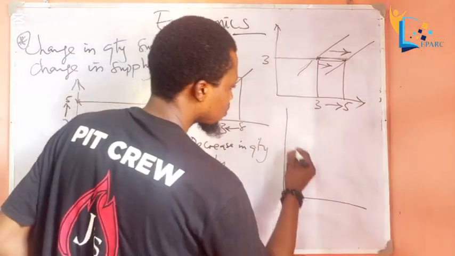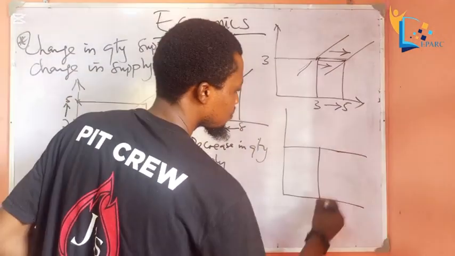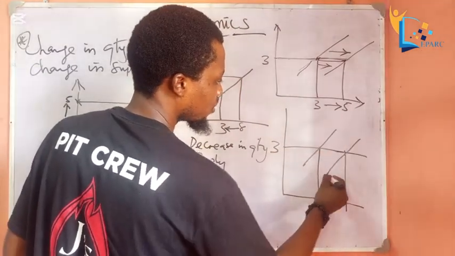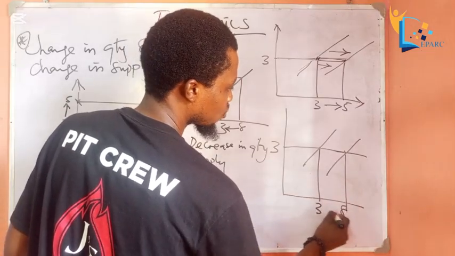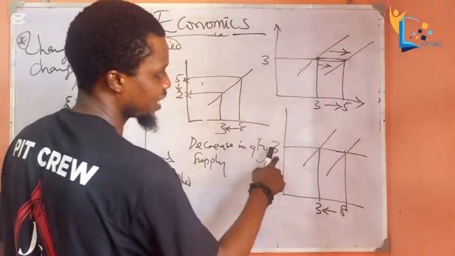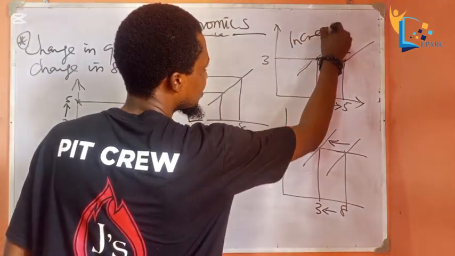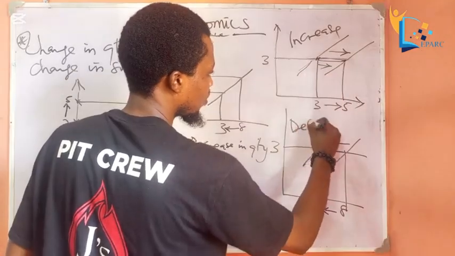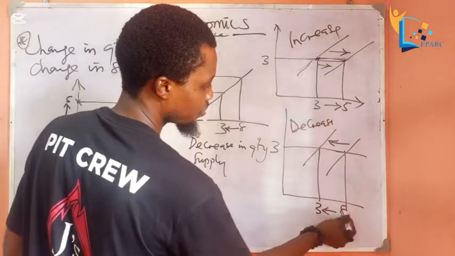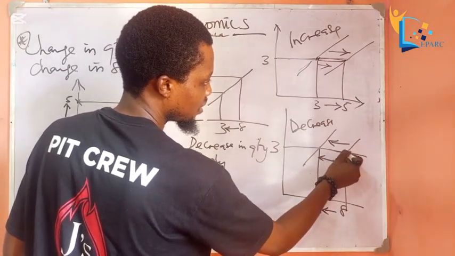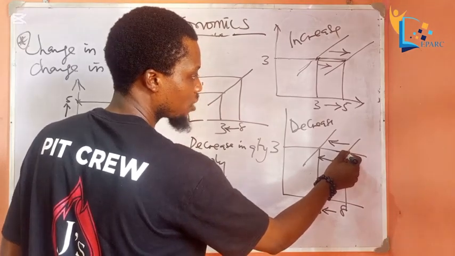But when we have this, 3 naira, this point, from 8 to 3 kilogram at 3 naira, then we say this is increase and this is decrease. This is the initial supply curve.